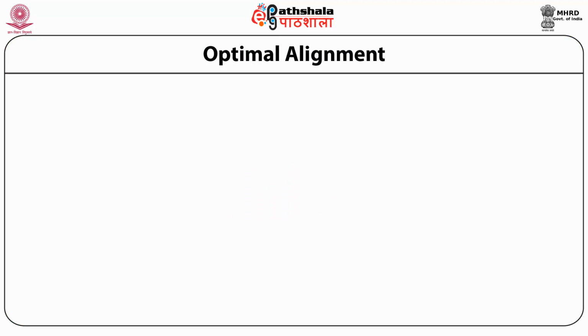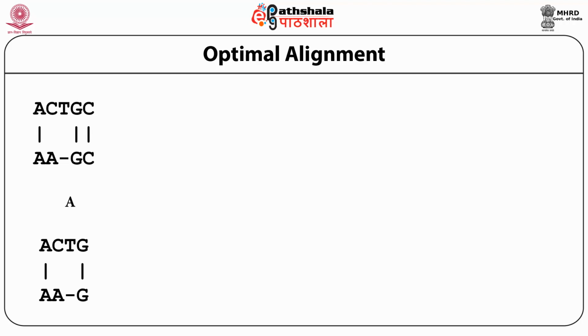To understand the meaning of optimal alignment, one has to break the alignment as shown in A into two parts as shown in B. The overall alignment score, the score for alignment shown in A, is equal to the sum of the score for the left-hand alignment of 4 bases in B1 plus the score for alignment of 2 bases shown in B2.